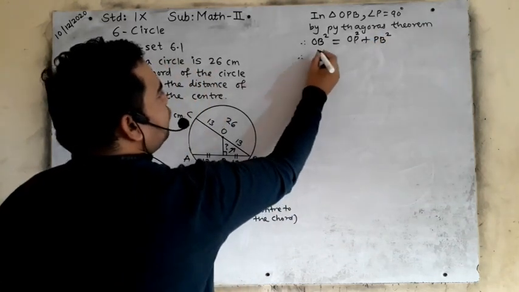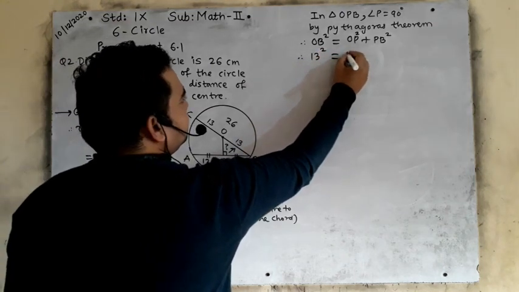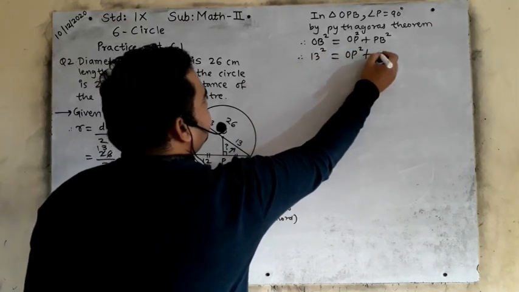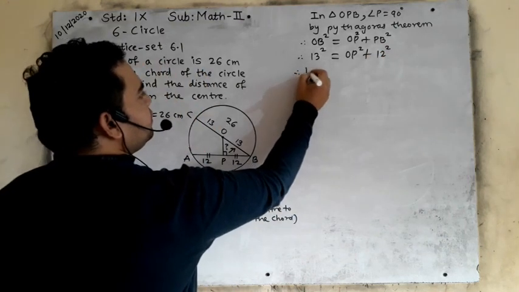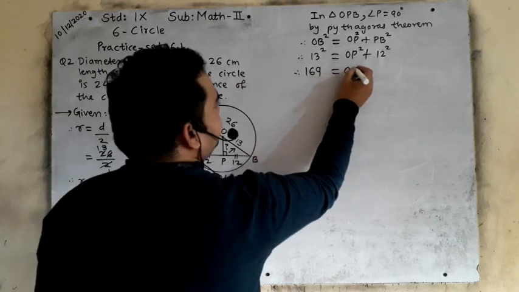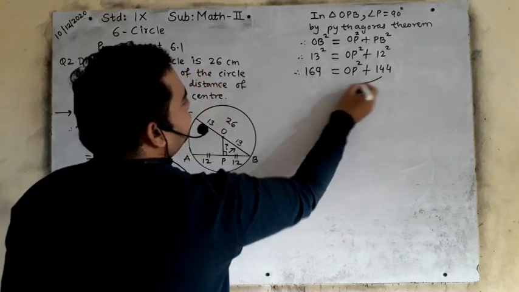So OB is how much? 13 square. OP is how much? We don't know. And PB is how much? 12 square. So 13 square we know is 169, OP we don't know, and 12 square is 144.